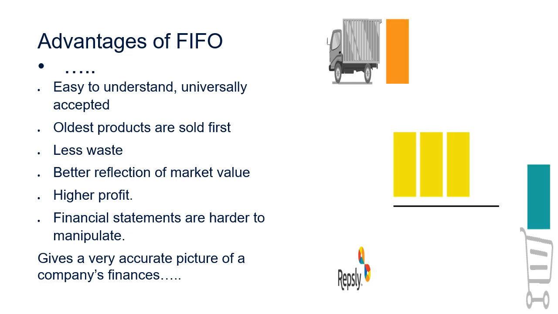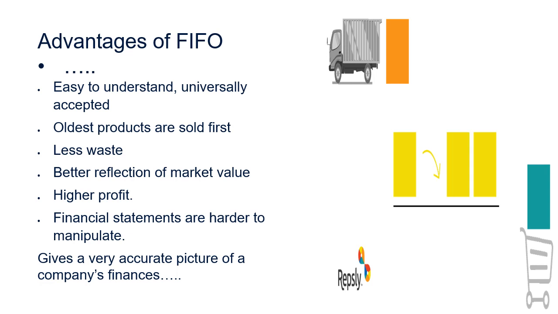Thirdly, less waste. A company truly following the FIFO method will always be moving out the oldest inventory first, giving fewer chances of wastage or obsolescence. The next important advantage is that the remaining products in inventory will be a better reflection of market value. This is because products not sold have been built more recently.